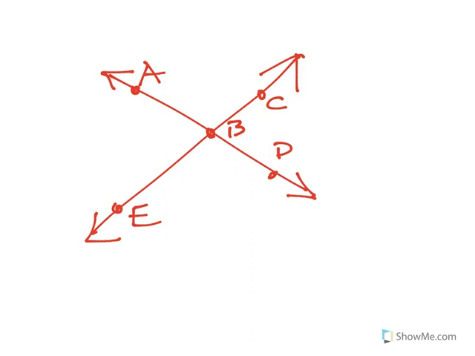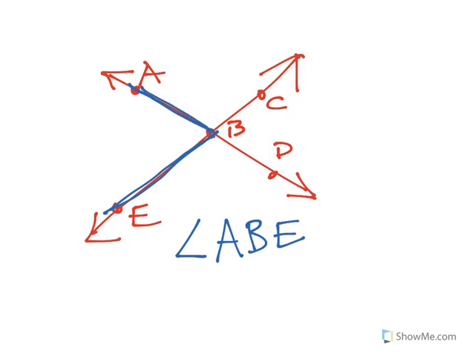Now this is something you're going to see, and I'm going to name angles that are in this figure. My first angle that I'm going to name is going to be ABE. So angle ABE, and yes, I could have named that differently. I could have named it EBA.